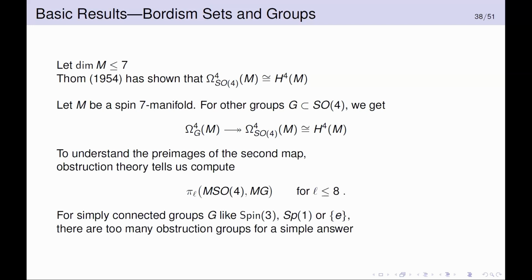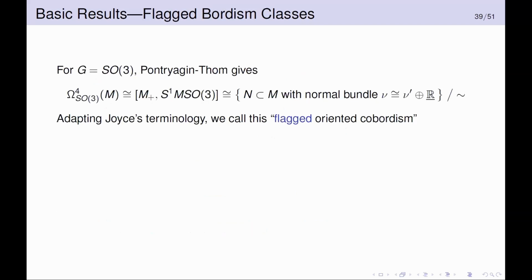And to understand the pre-images of the second map, obstruction theory, the naive way, tells us that we compute relative homotopy groups. And in this case, for all L lower or equal to 8, this is a bit difficult if the group G is simply connected, like Spin 3, Sp1, or the trivial group, then you have things to worry about. But if we take SO3, then it's much easier.